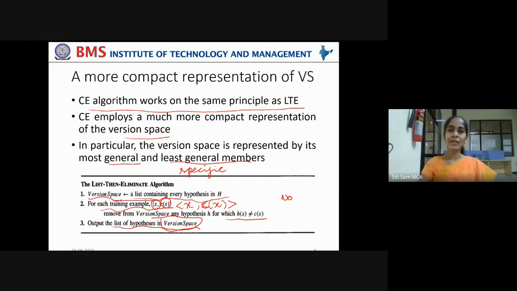And as and when it goes through, if there is any target label as no, that particular hypothesis will be removed. And the final hypothesis space will have all the hypotheses which are consistent with the training examples where the target label is yes. Now that hypothesis space is called the version space.